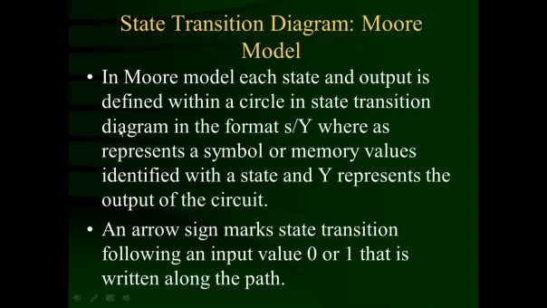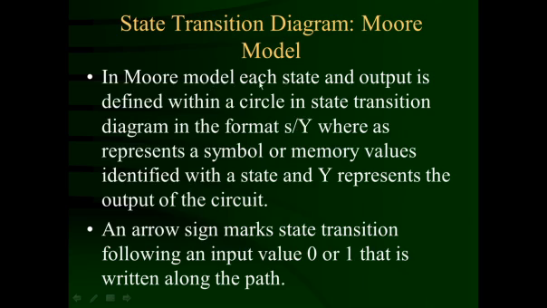So we have designated the initial state as A. Every state is designated as small a, small b, small c and small d. The state within the circle is written first, then there is a slash and then the value of the output, Y is going to be 0 or 1, that is written afterwards. That way, this format S/Y inside the circle in a state transition diagram is going to be used in the Moore model.